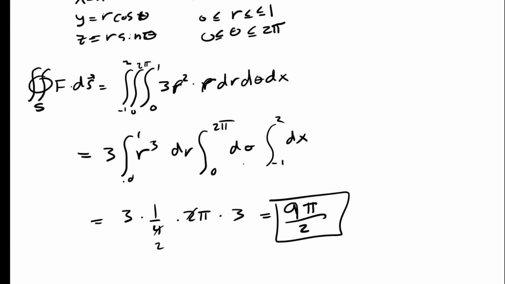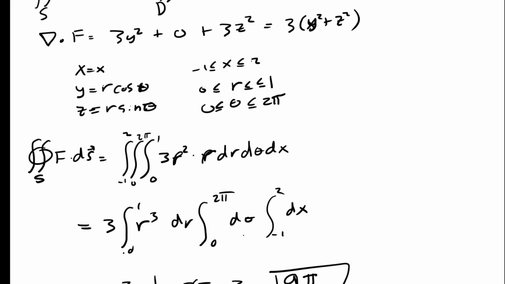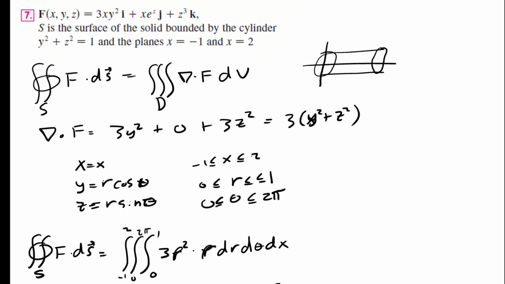So for the divergence theorem, the idea is that we don't want to parameterize the surface, so we shouldn't need to.